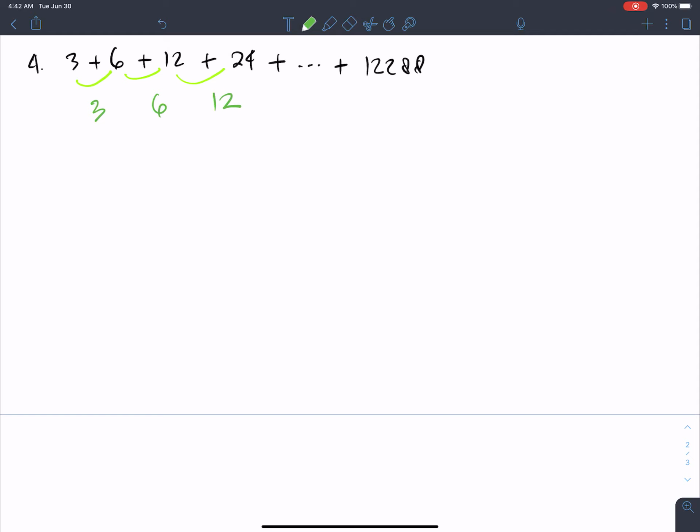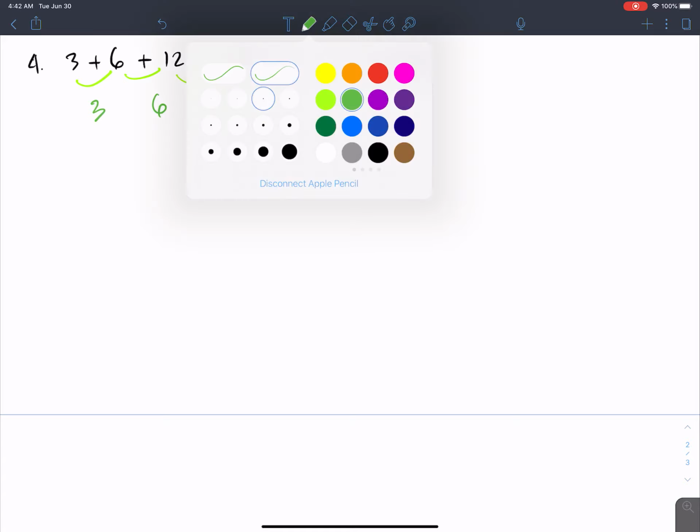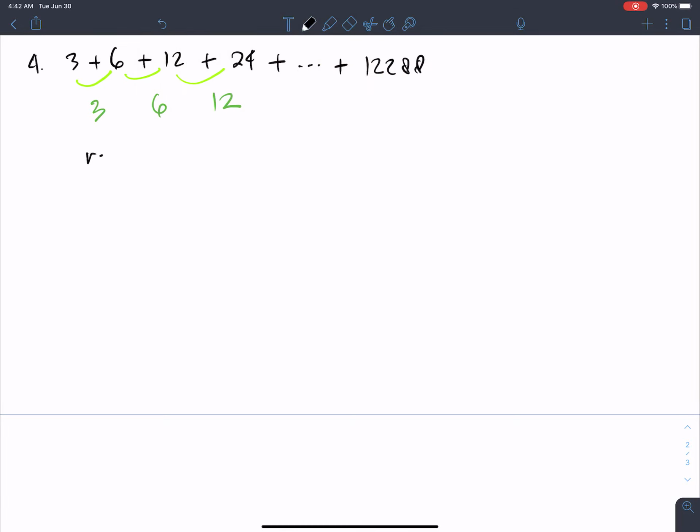Definitely this is not arithmetic. So we check the ratio: 6/3 or 12/6 or 24/12 and so on, definitely this is 2. So we get the fixed ratio which is 2, so definitely this is a geometric series.